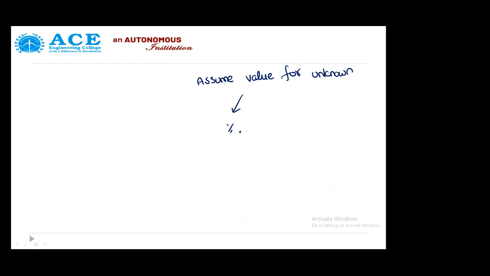If you are adding or subtracting something, it is not allowed. With ratios, 1:2 means 100, 200 like that, or if it is entirely with percentage. But if you are adding or subtracting something, don't assume value for unknown. I repeat, don't assume value for unknown if you are adding or subtracting something.